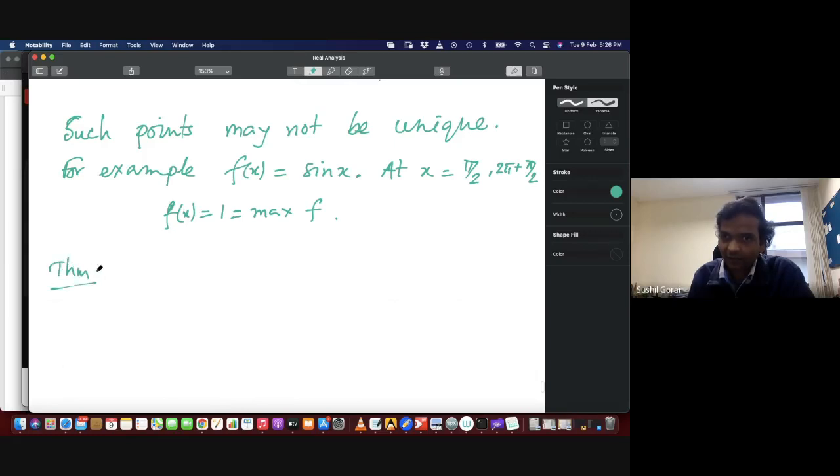So instead of a closed interval, let's take an open interval.